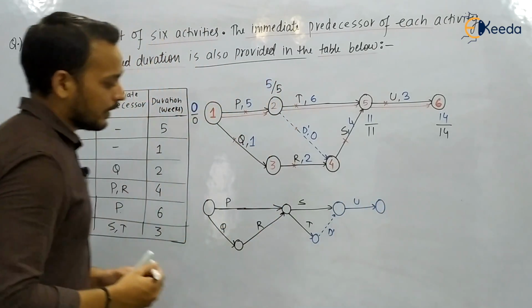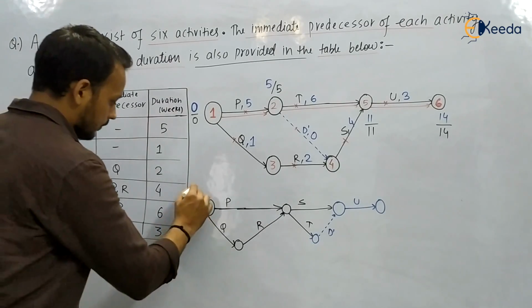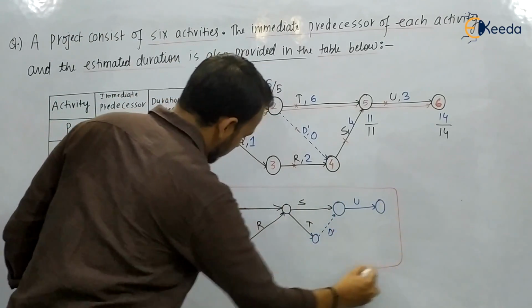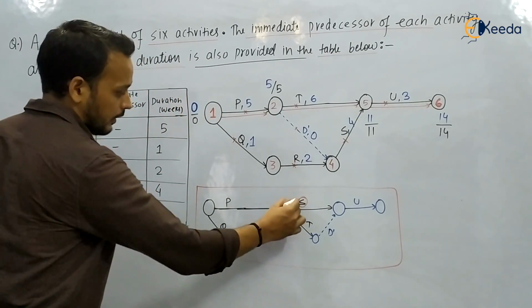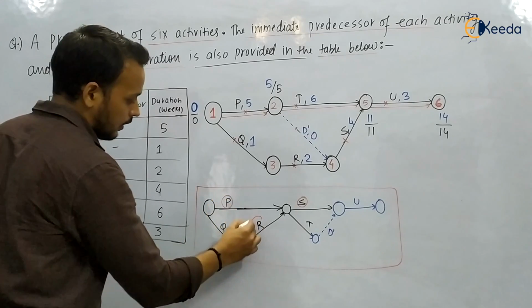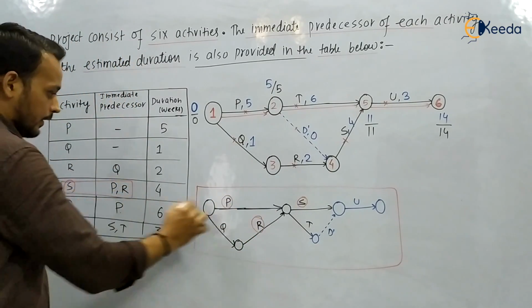So is it a correct network diagram? No, this is not correct. Look at activity S: the precedence is P and R, which is correct, as stated in the question.